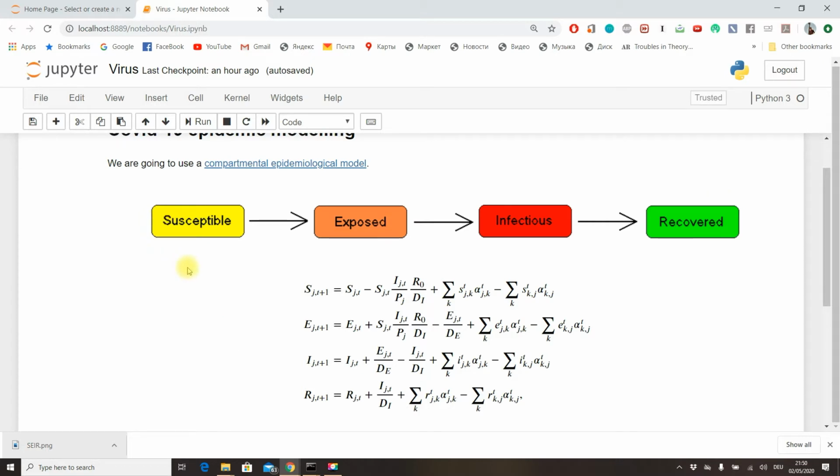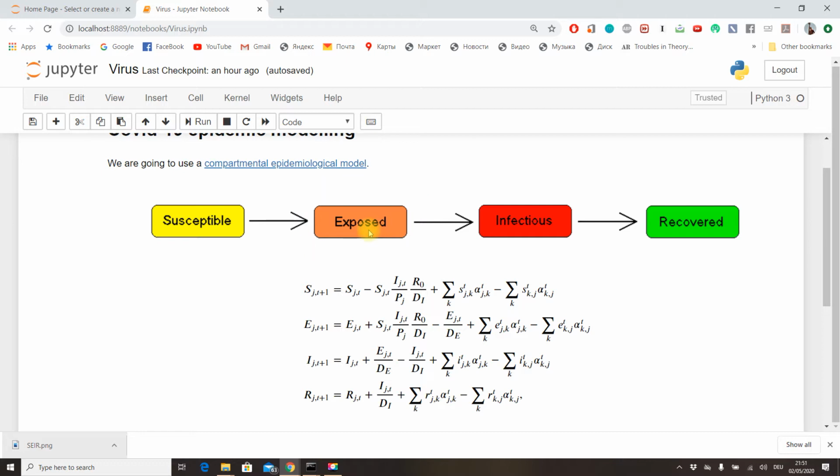Okay, so in the beginning, when essentially nobody has been infected yet, the entire population is in the susceptible group. But once the virus is somehow introduced in the population, it can be a city or a country or another geographical area, then those first infected individuals move to the exposed group.